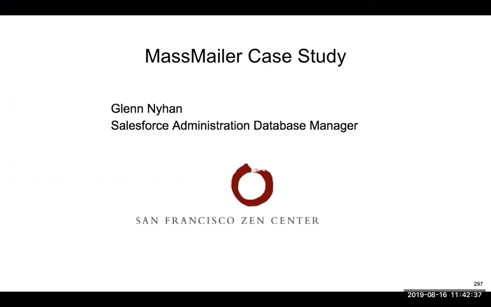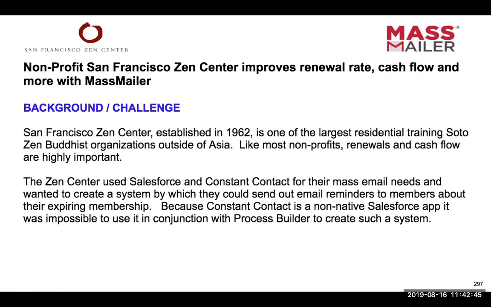One case study that I want to highlight is San Francisco Zen Center. They wanted to have reminder emails go out whenever the subscription is due. It's quite complex, not that it's a very simple thing to do, because there are certain complex rules that they've implemented internally, how those alerts would go out.